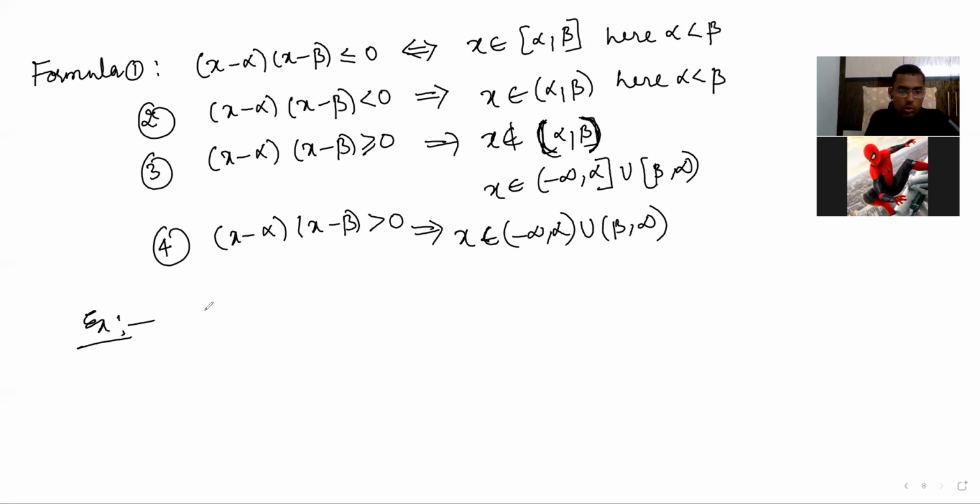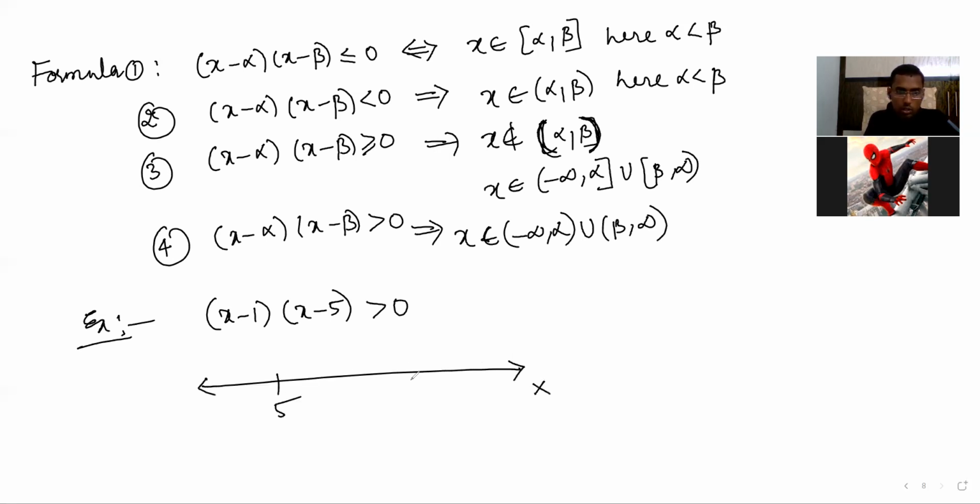Example now. (x minus 1) into (x minus 5), let's say, is greater than 0. This is the x-axis. This is 1 and this is 5. More than 5 means this is positive.